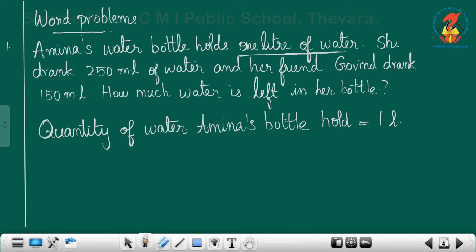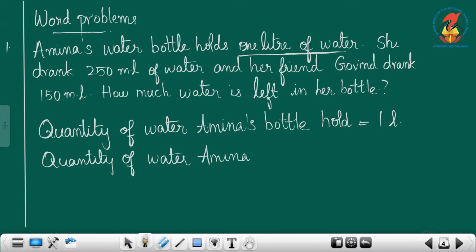Then she drank 250 milliliter of water. So quantity of water Amina drank, how much quantity is it? That is 250 milliliter. Okay. And her friend Govind drank 150 milliliter.